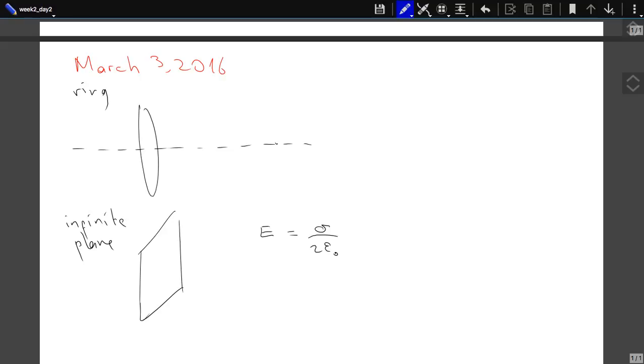Okay, back to our example. Since we wrote this expression assuming that our observation point is over here and x is a distance which is larger than 0, this solution, this one, is not a solution, since x should be larger than 0.